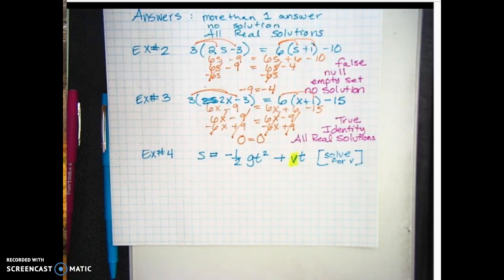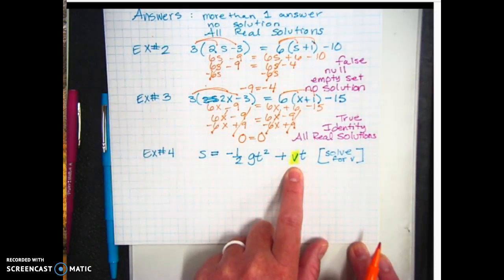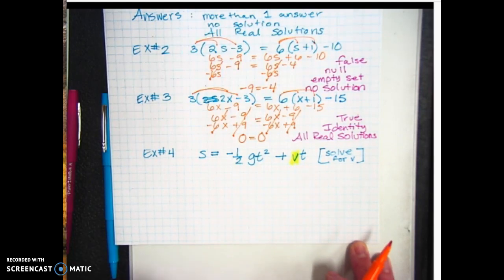So you're going to do a bunch of inverse operations, but your final answer is still going to have a bunch of variables in it. And just like these 2 other problems, it's going to feel like it's wrong, but as long as you get V by itself, you are going to do it correctly.